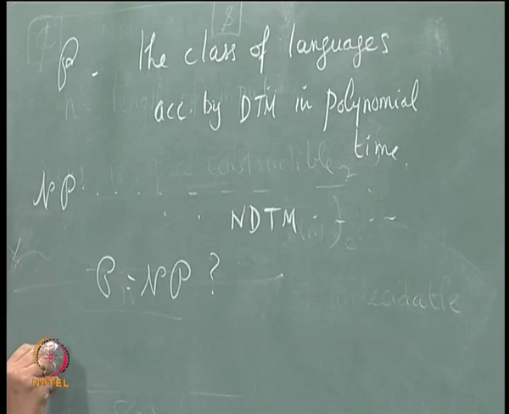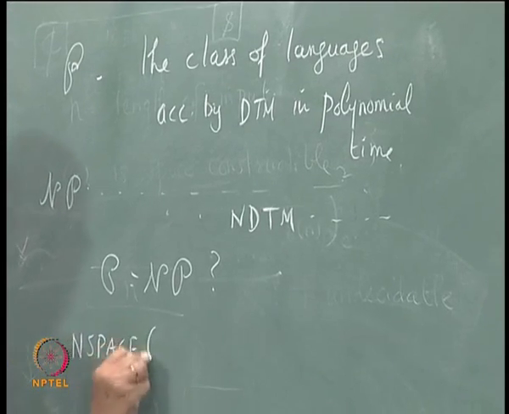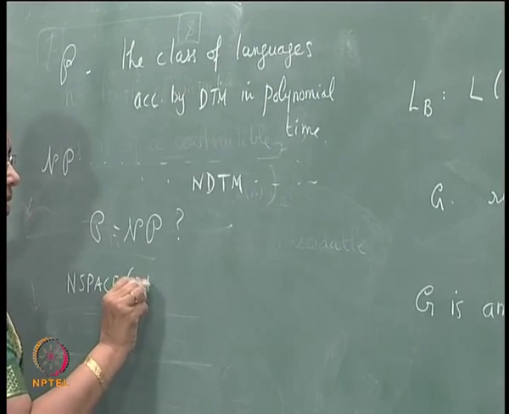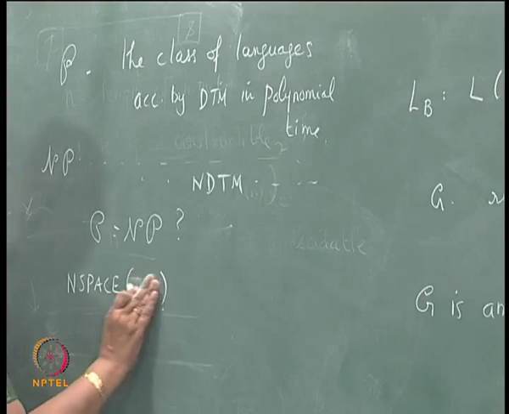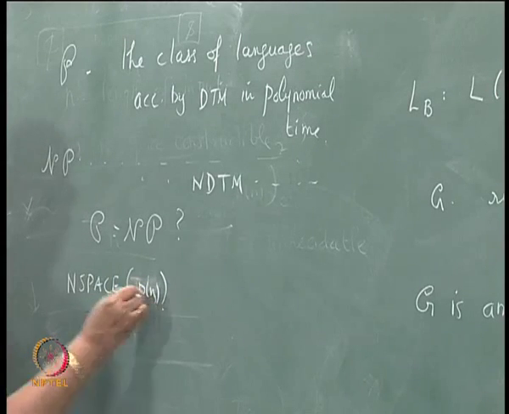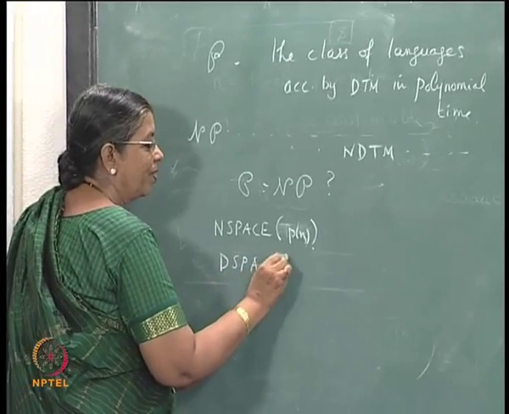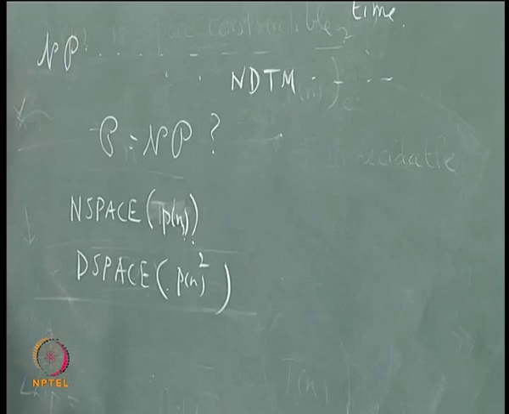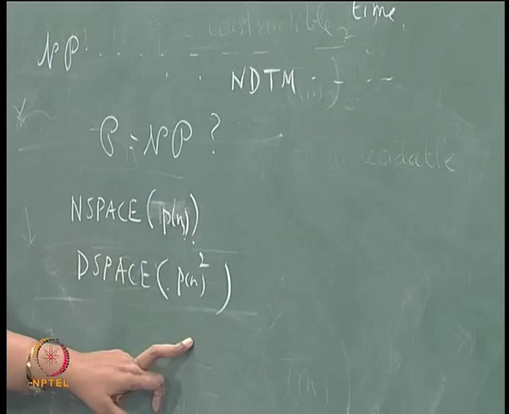Now, what can you say about N space polynomial, let us say? Suppose there is a polynomial p(n), it can be accepted by a deterministic Turing machine in polynomial space, right. So this is a polynomial, this is also a polynomial.